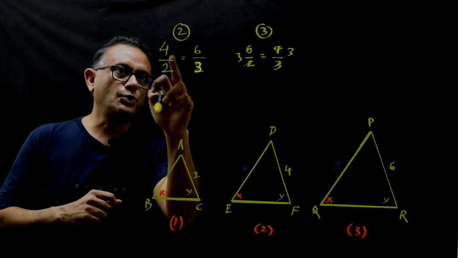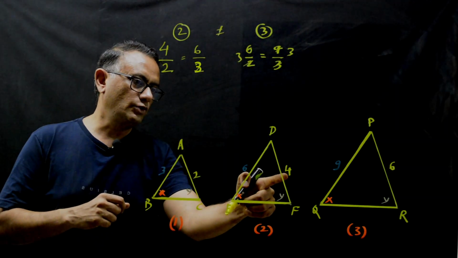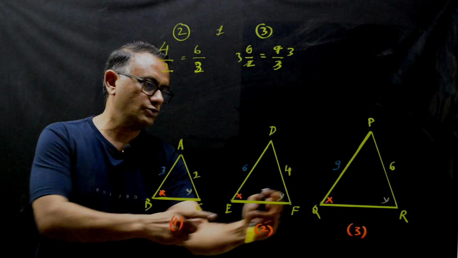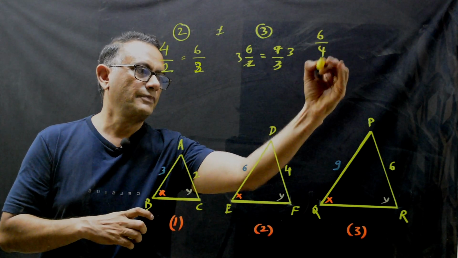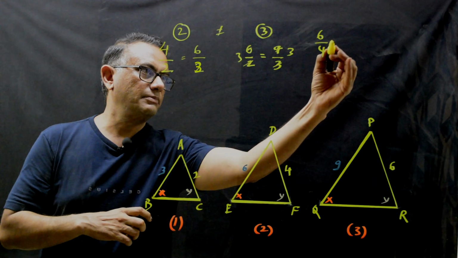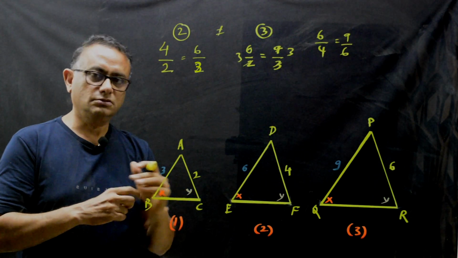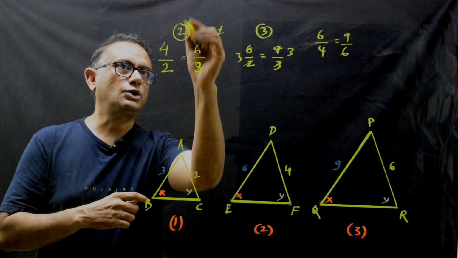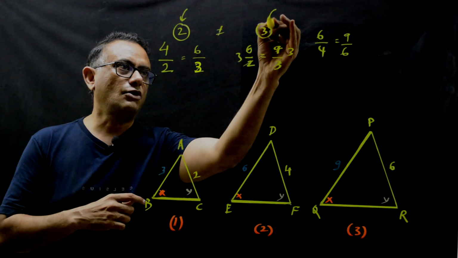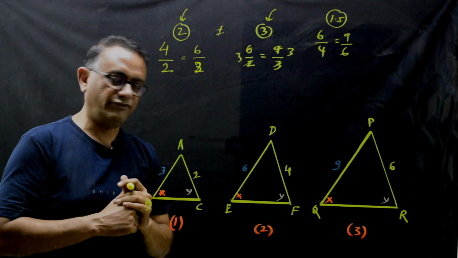Obviously this scale factor 2 will not be equal to 3. Similarly, if you take 4 and 6, these two triangles are similar, but 6 divided by 4 is equal to 9 divided by 6, each of them being equal to 3 by 2, because this is 1.5 times increased, but that will not be equal to this scale factor or this scale factor. Because this scale factor is 1.5.